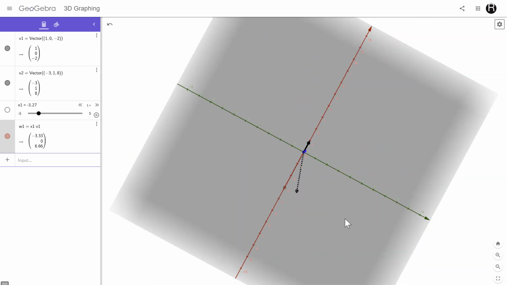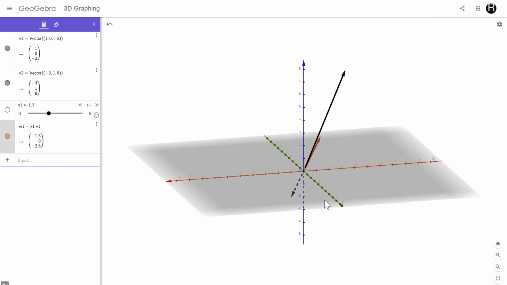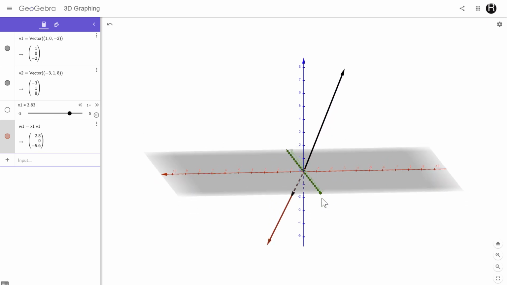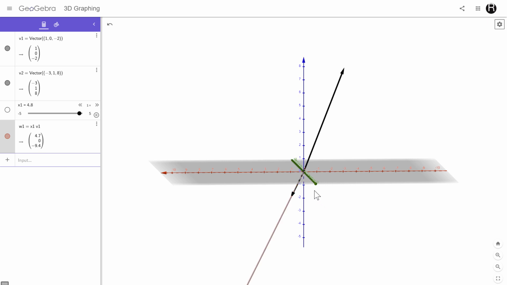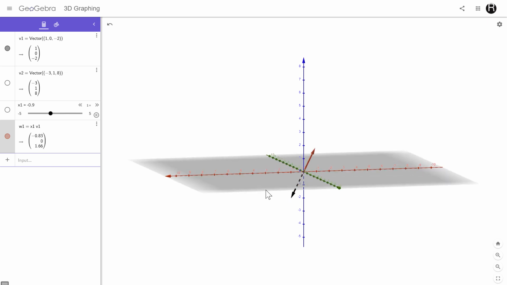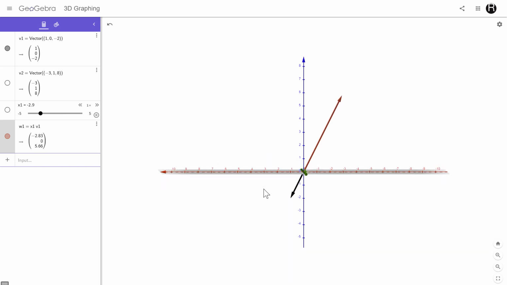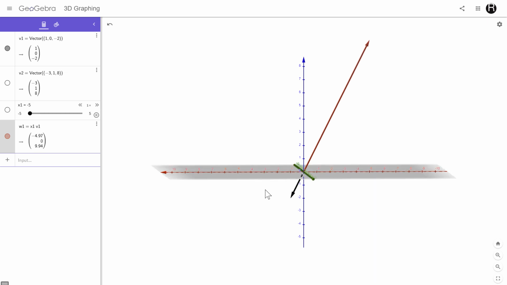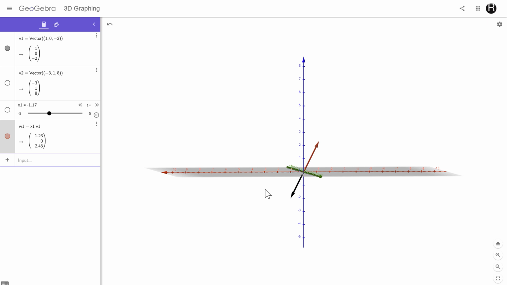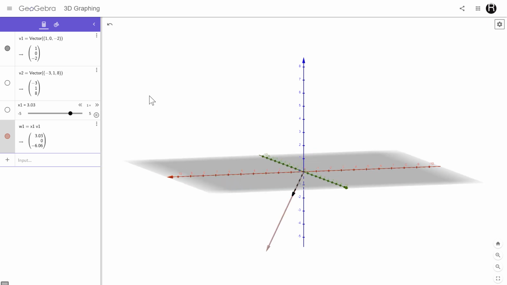Oops, I'm losing control over this. Here we go. Okay, so if we temporarily take the other vector out and just focus on vector v1, the span of v1 would just be a line again. A line going through 0, 0, and that point 1, 0, negative 2.